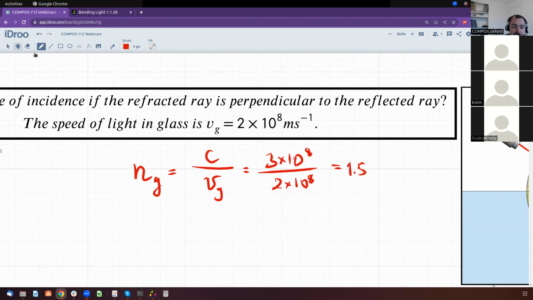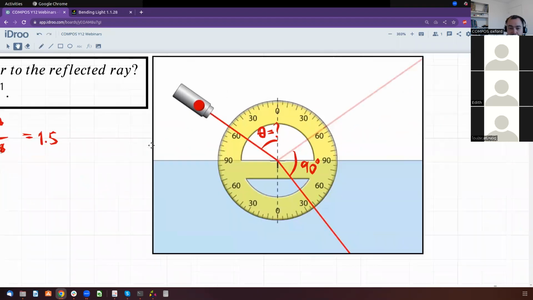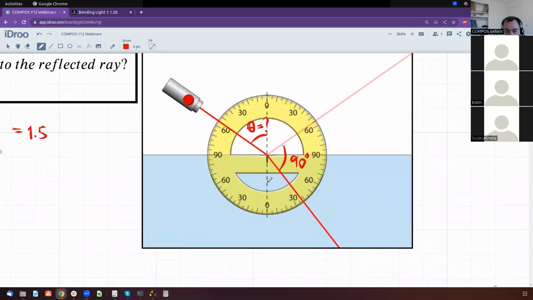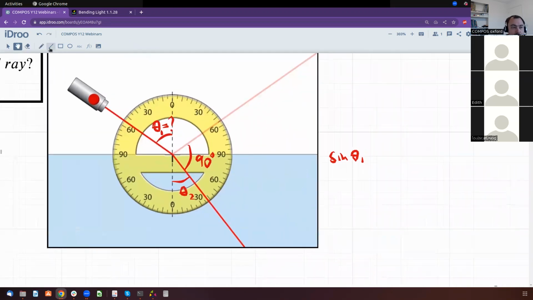The refractive index of glass is 1.5. So we know that this angle is, we'll call this theta 1, theta 2. We know that sine theta 1 divided by sine theta 2 is equal to n.